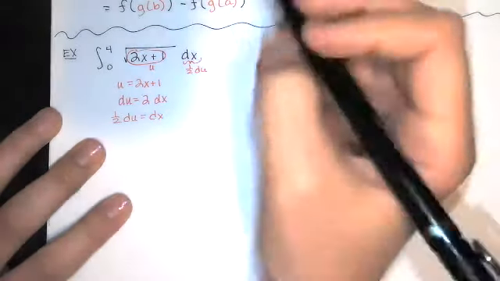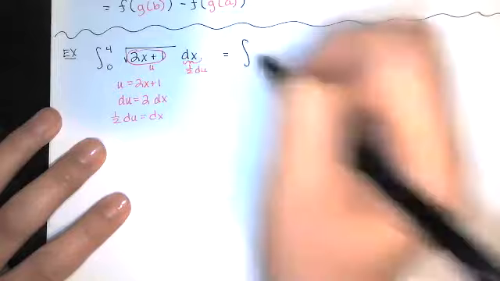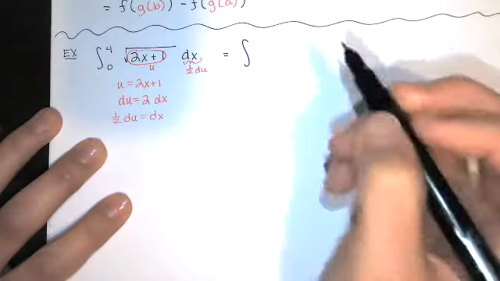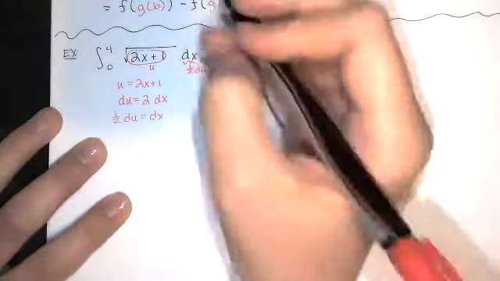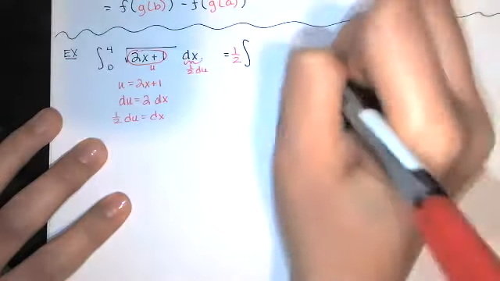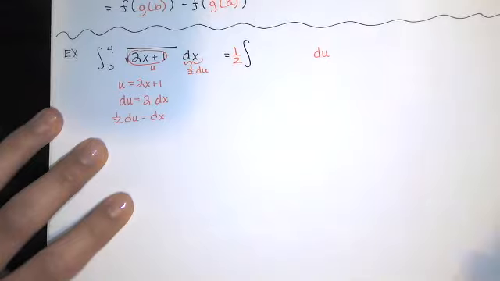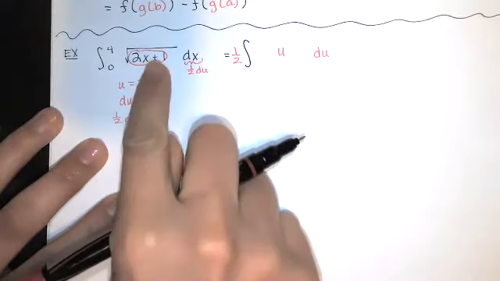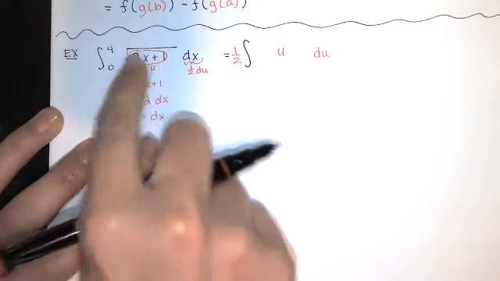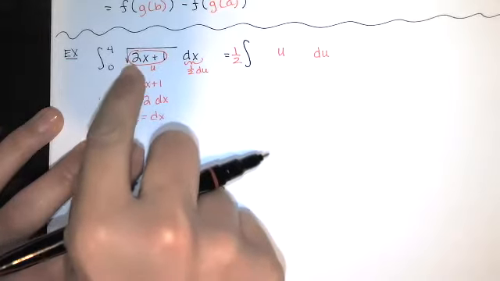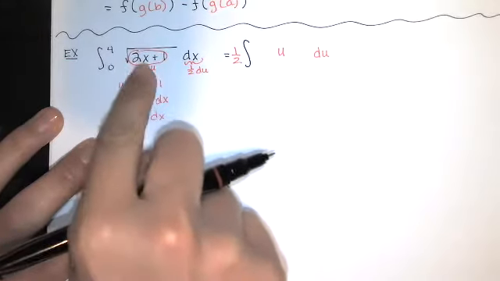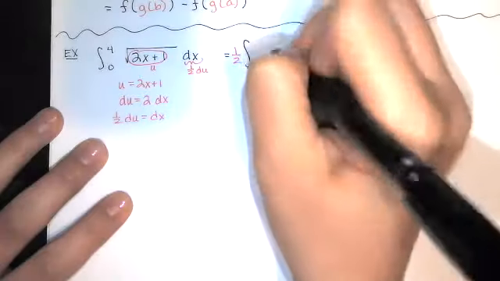Okay, so I'm almost ready to write everything in terms of u. The dx is 1/2 du. I'll factor off the 1/2 to the left, factor off the du to the right, and I have a u inside here, but be careful, it's under the radical. That's not just u, it's the square root of u, because u is 2x plus 1.